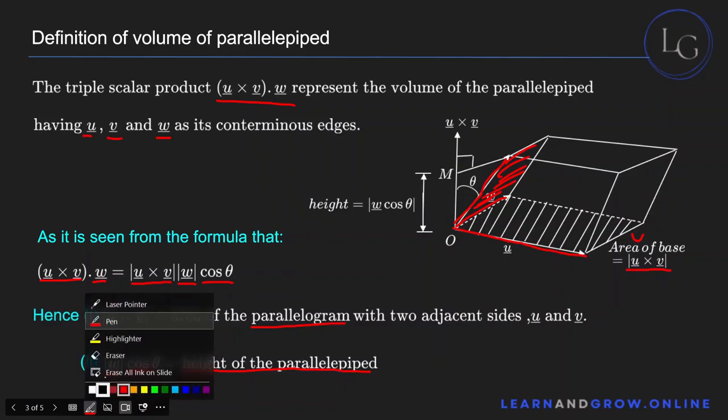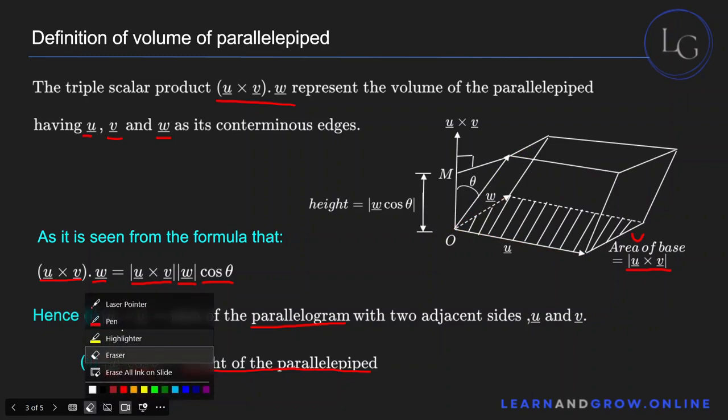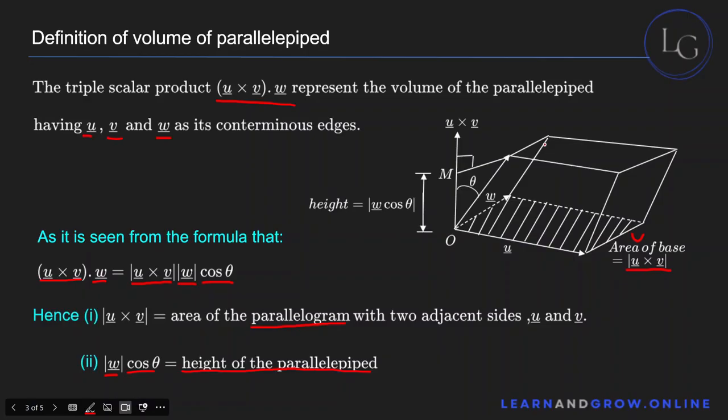And the third case would be if you take w and u as the base, right? In which case, let's just, for simplicity's sake, take this w, so this is w and this is u. In which case, you'll take this as the base. And when this is the base, this v will act as the height.